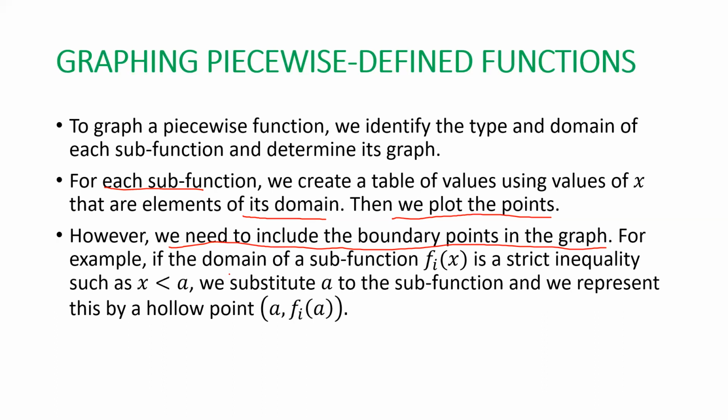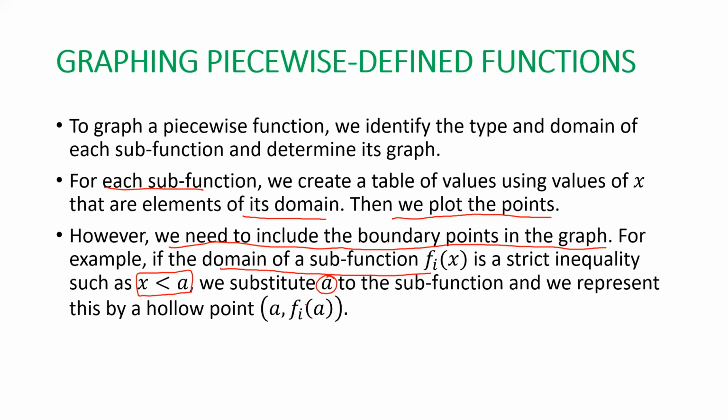So for example, if the domain of a subfunction f sub i of x is a strict inequality, say x is less than a, we substitute a into the subfunction and we represent that by a hollow point with coordinates (a, f sub i of a).